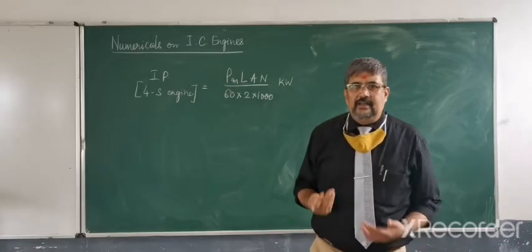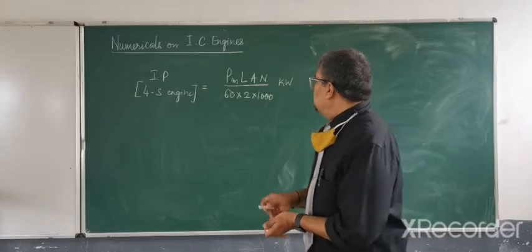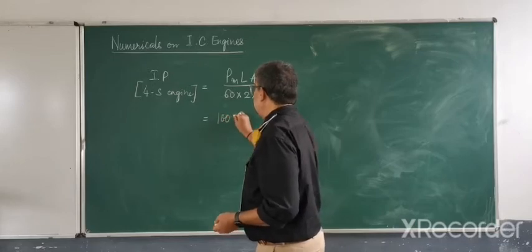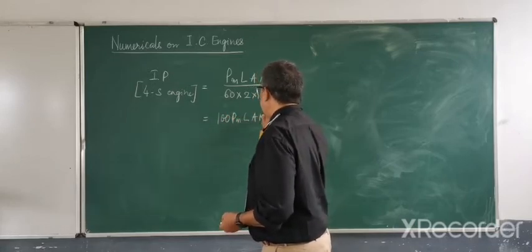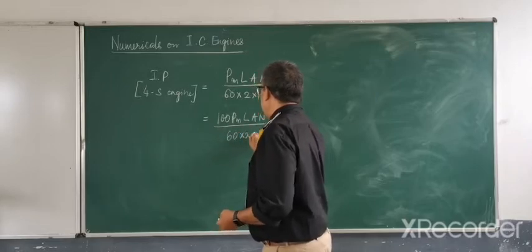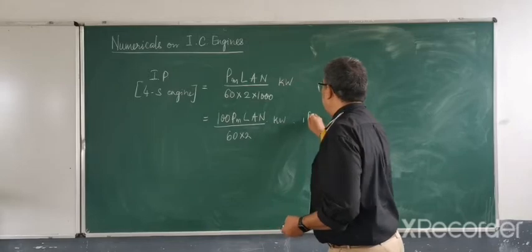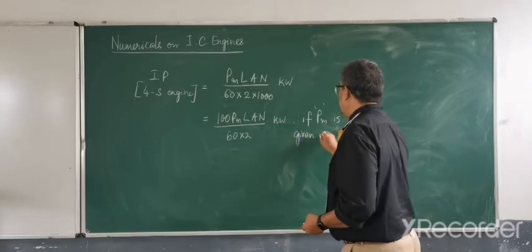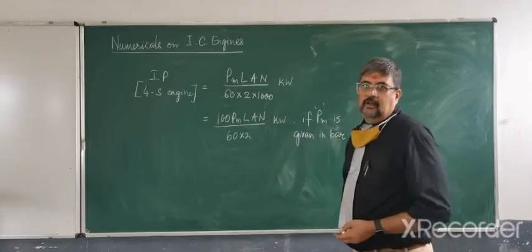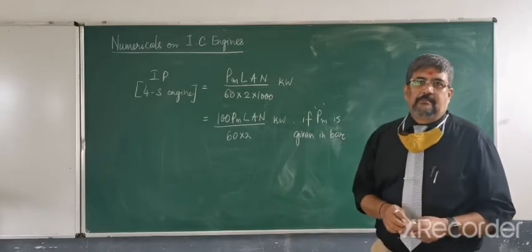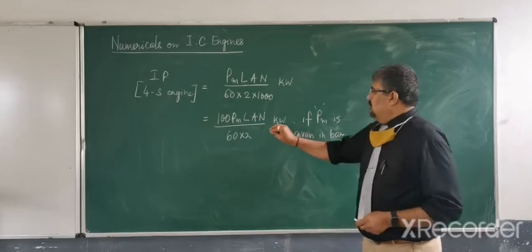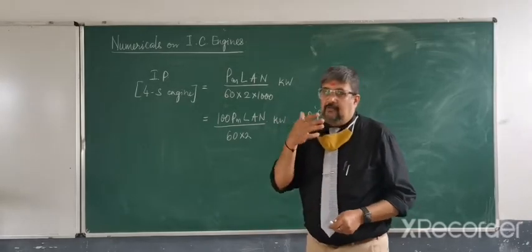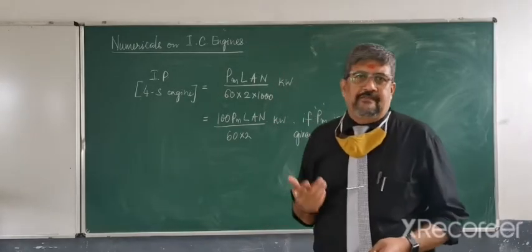In some cases, if the value of mean effective pressure is given in bar, the equation changes to 100 Pm LAN divided by 60 into 2, because I have already told you that 1 bar is 10 raised to 5 Newton per meter square.